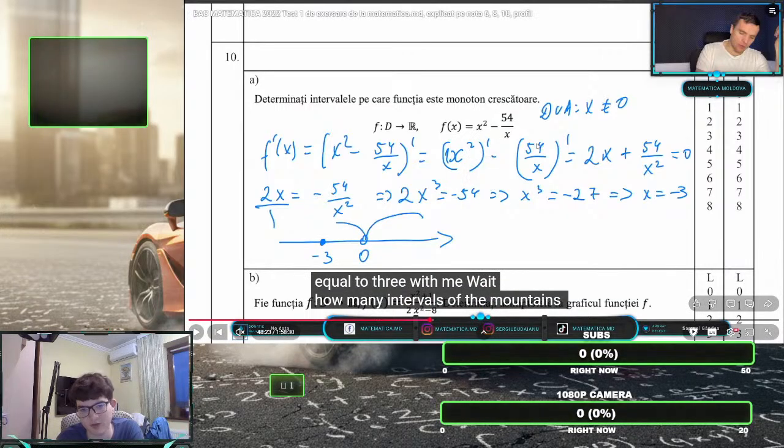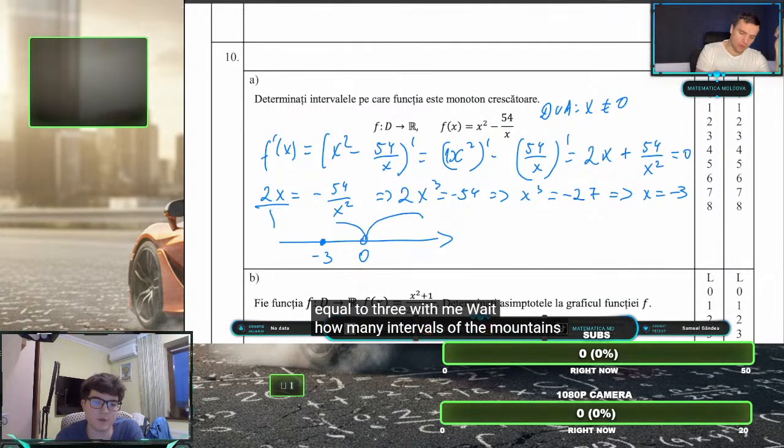So you put the minus 3 and 0, and the minus 3 is with a colored dot. So why is minus 3 with a colored dot? Why exactly is minus 3 with a colored dot?